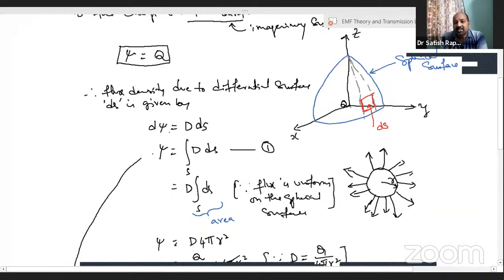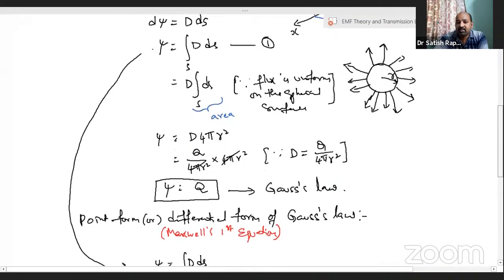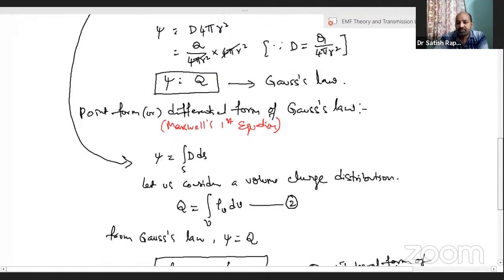Therefore, dψ is equal to D ds, and integrating, ψ is equal to the surface integral D ds. The charge density is uniform on the surface of the sphere, so D can be taken outside the integration, and we have D times the surface integral ds. The surface integral ds is the area, and the area of the sphere is 4 pi r square. So the 4 pi r square terms get cancelled, and we have psi is equal to Q.